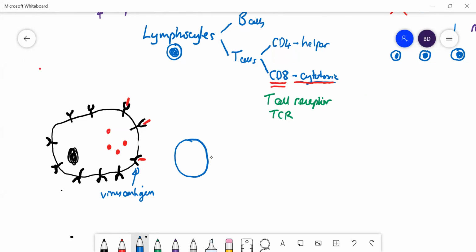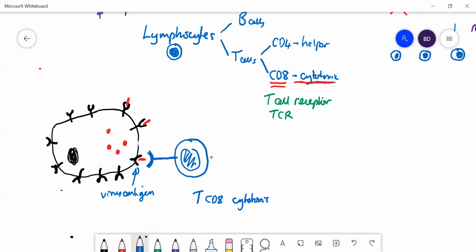This is our cytotoxic T cell. So it's got CD8 on the surface of it. And here's its T cell receptor. It's obviously not really very to scale. And that's going to recognize that whole major histocompatibility group with the foreign viral antigen in there.